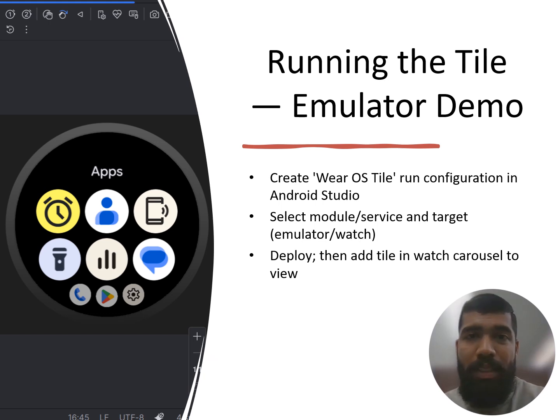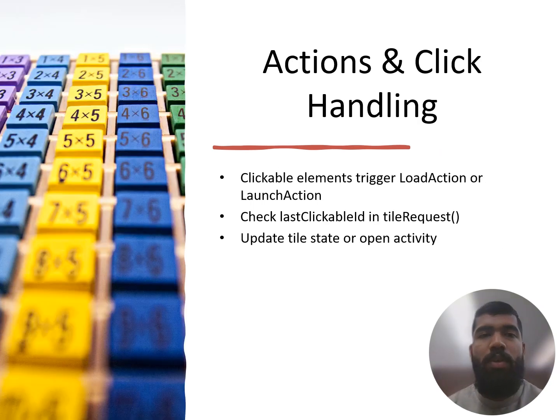In order to run the tile demo, we will be using the emulator. We can add clickable objects to the UI elements, where a launch action will open an activity, while a load action will update the state within the tile. In the tile request, we will check the last click to know what the user has tapped and respond accordingly.